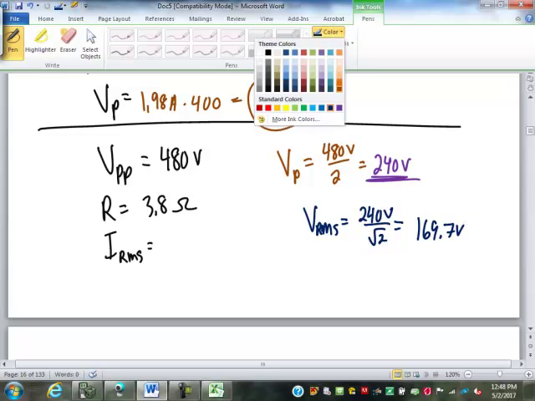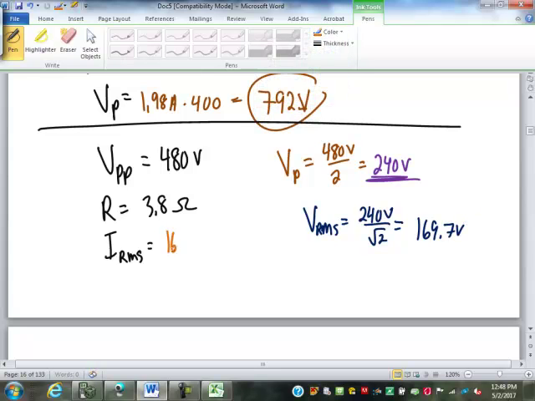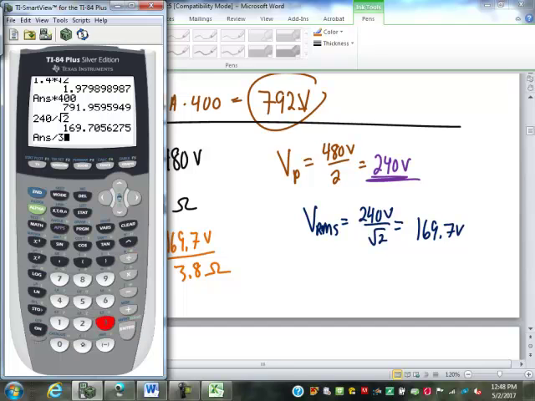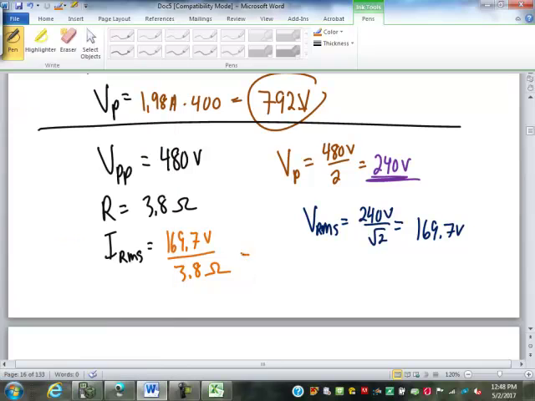So then the current is that voltage divided by the 3.8. So I'm getting 44.66. You multiplied? Okay.